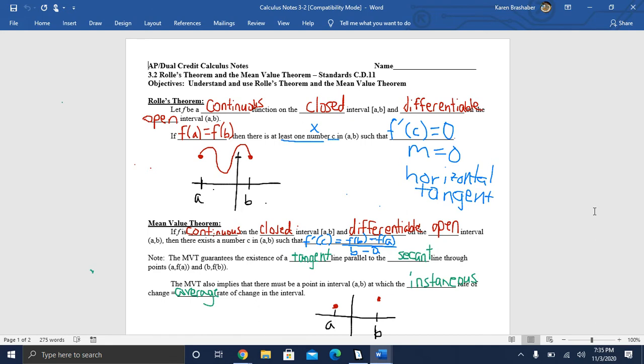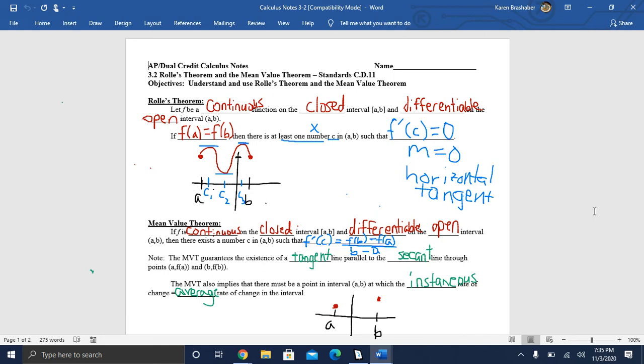So I would have one approximately here. And so I've got one C value, I'll call that C1. I would have a horizontal tangent right here. So I've got another one, and notice that it's in between A and B. And I've got a third one up here.